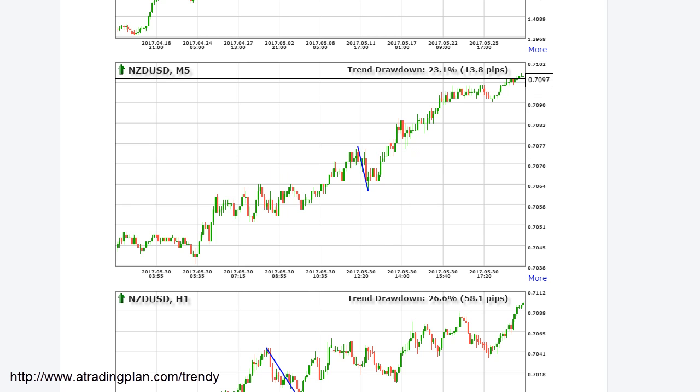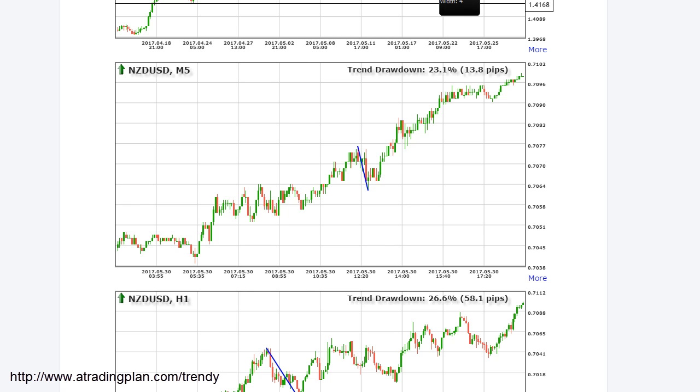Again, if you're trading the 5-minute chart, which is not my preference, trading the spot market, that's for sure, we've got 13.8 pips as a natural move against the overall uptrend. So just because you see price pulling back, you don't want to be entering counter-trend trades. To be quite honest with you, a lot of traders are counter-trend traders.